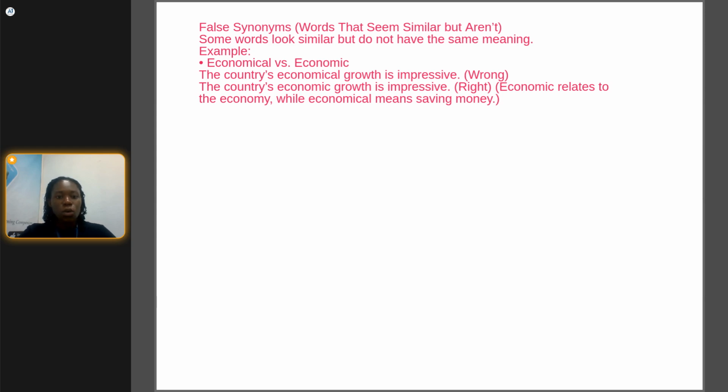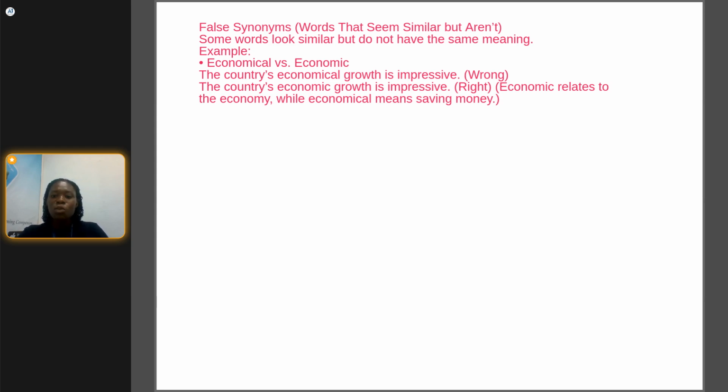All right. So the next point we have is choosing a word that is too general or too specific. For synonyms, already we know that words have different meanings. So there are some synonyms for a particular word. One will capture everything you want it to, and there are some other words that will not really capture everything.